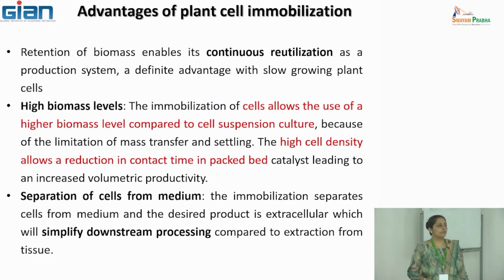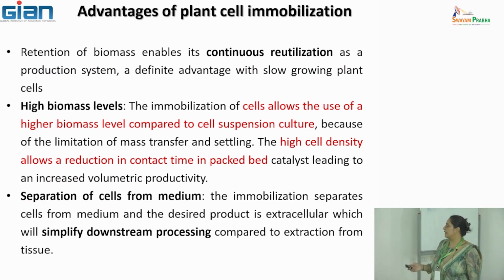Due to its inherent ability to produce these phytochemicals when they are growing, you allow the cells to grow by providing carbon source, the media nutrients, and during their growth, they are also producing your product. So starting from scratch.